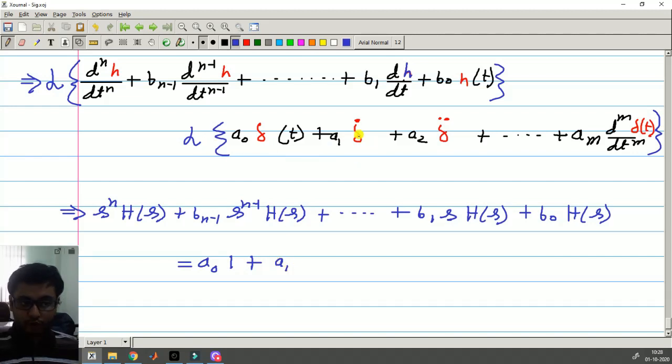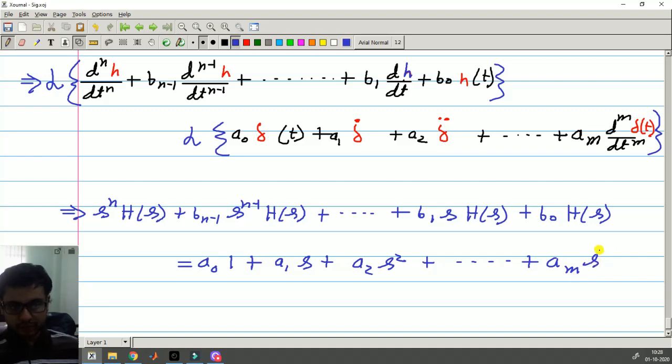Laplace transform of delta dot will be s times the Laplace transform of delta, which is 1, plus this will be a_2 s^2 multiplied with 1 and so on, plus dot dot dot. Here we will get a_m s^m.